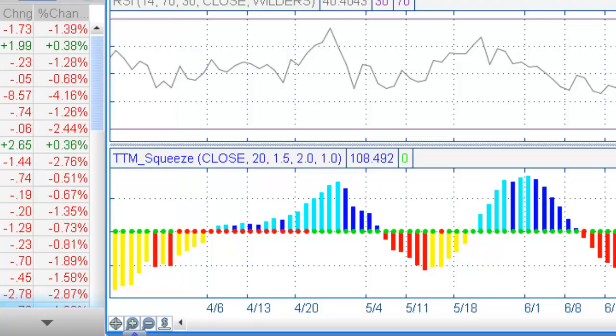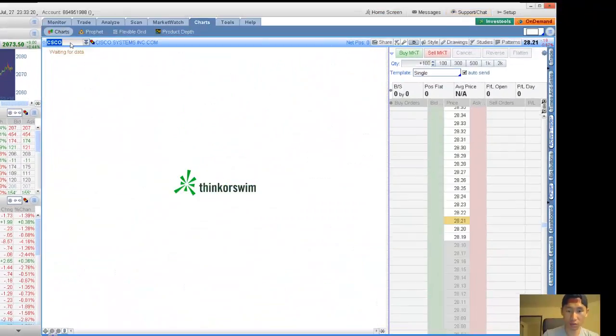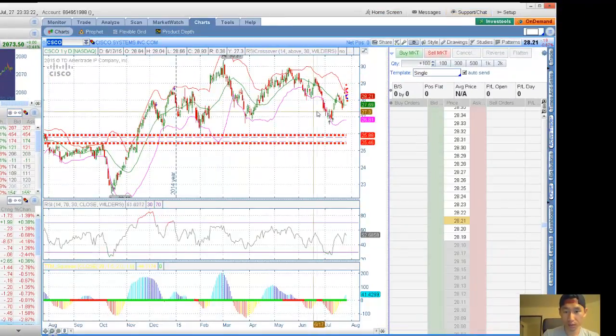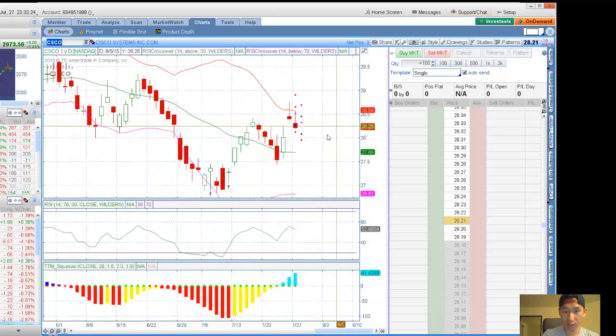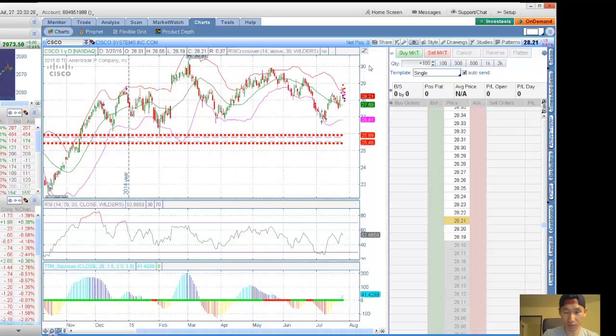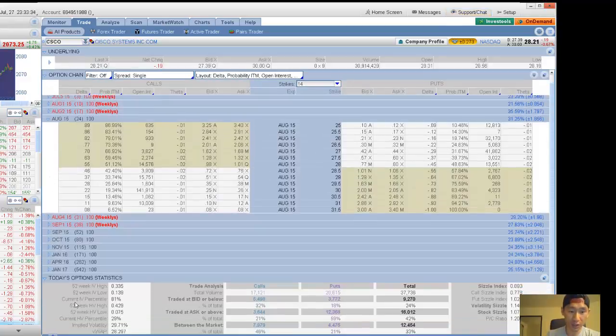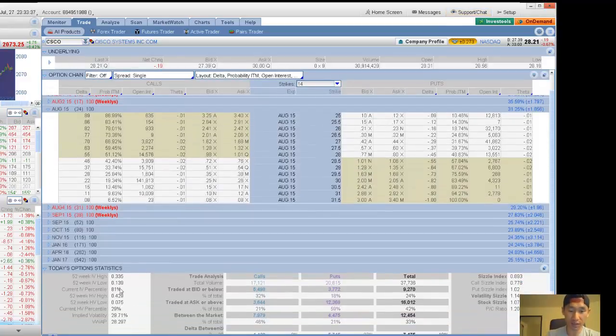So let's see what it is. CSCO. So it looks like there's been some downward movement within Cisco, some downward movement here, but regardless, what it's showing is that it has a high IV rank.